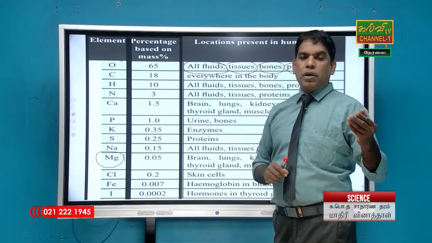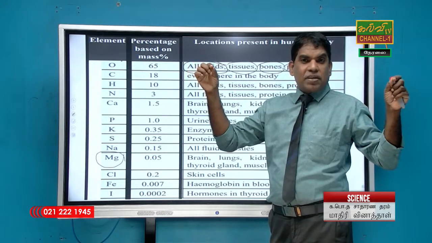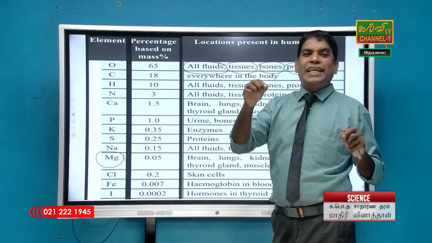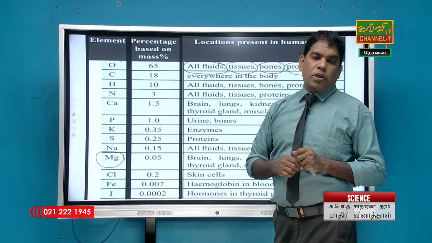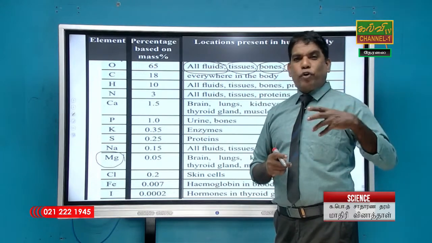The magnesium strip contains Mg in atomic form, right? Our body needs the ionic form.